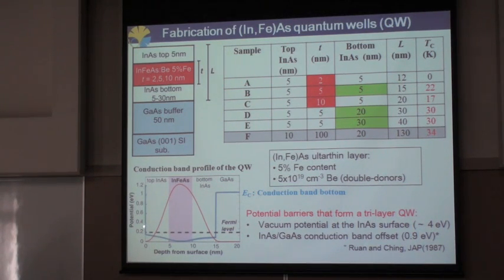We expect that these three layers, top indium arsenide, indium iron arsenide, and bottom indium arsenide, form the quantum well because of the band offset between indium arsenide and gallium arsenide, which is 0.9 eV, and also vacuum potential on the surface, which is 4 electron volt.